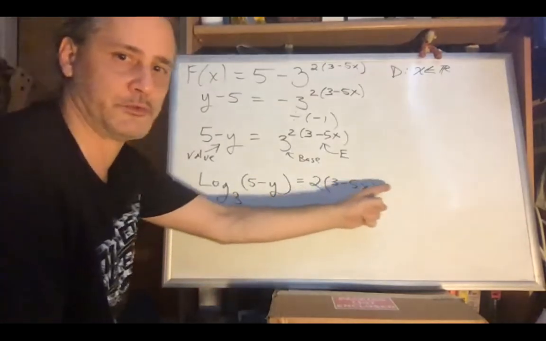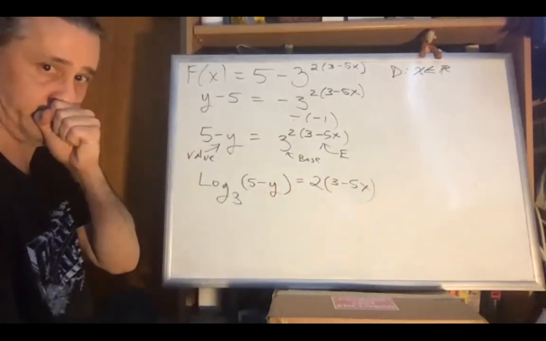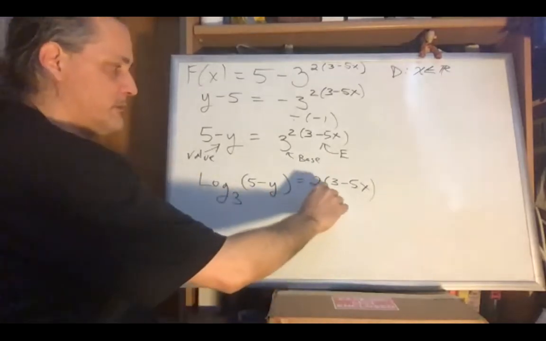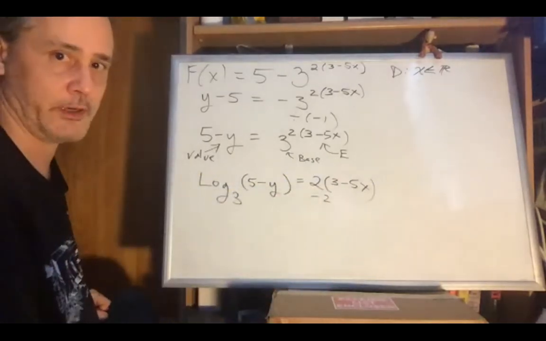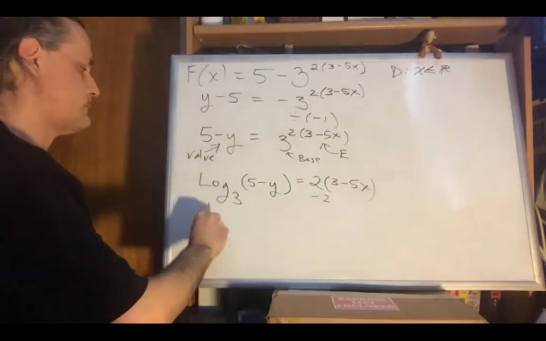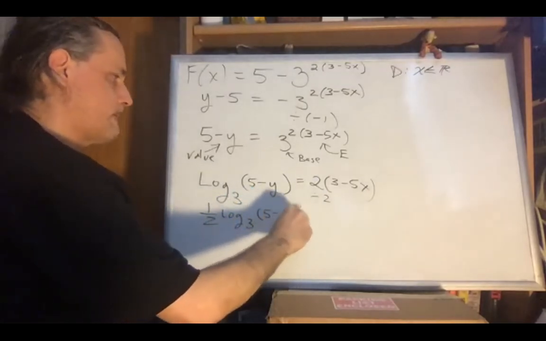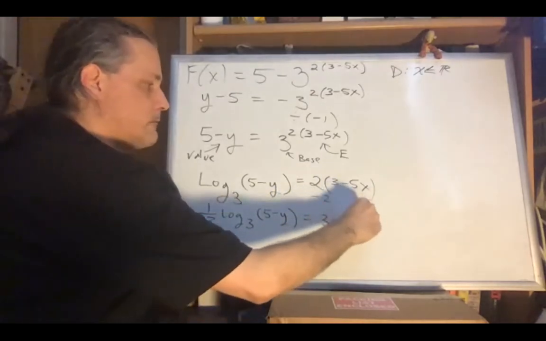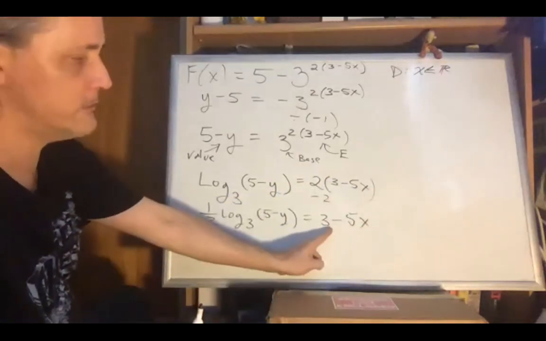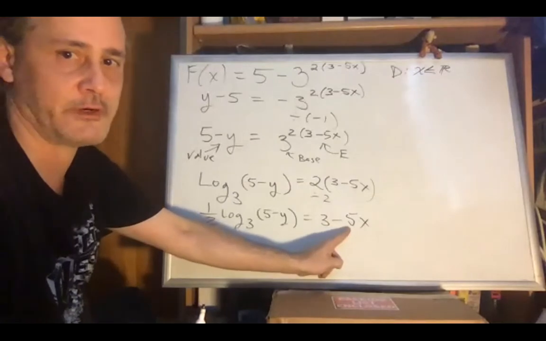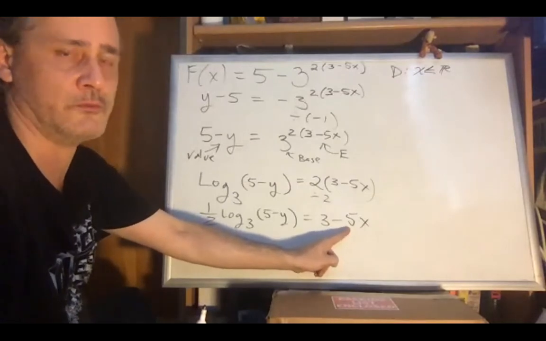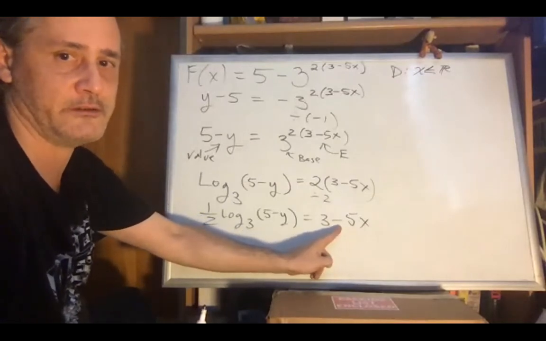Now, if you want to do your distributive property and solve it that way, that's fine. But what I would do, I'd divide by 2 or multiply 1/2. Okay, and then you can now subtract 3 and divide by or multiply the 1/5. Now it's negative.